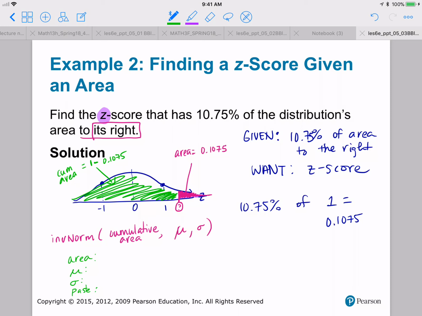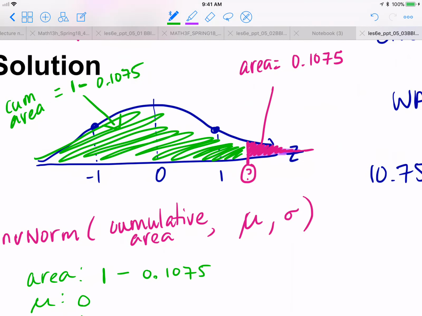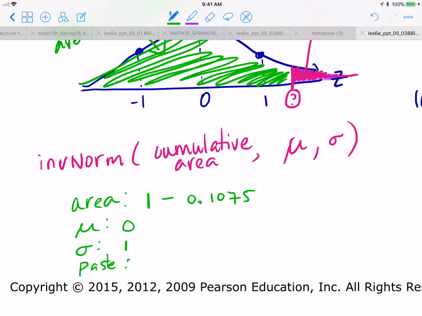For area, I'm going to put in 1 minus 0.1075. For mu, 0. For sigma, 1. So do you see what we're doing here? And then click paste.